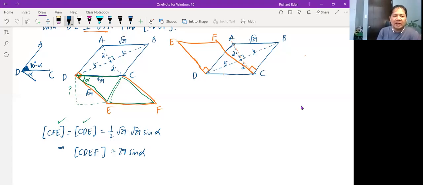We are not really that interested in alpha itself, but rather we're interested in sine alpha. So even if it's not sine alpha that we know, let's say what we are able to figure out is cosine alpha. But if we know cosine alpha, we should be able to determine the value of sine alpha. And so we would have something to plug here.